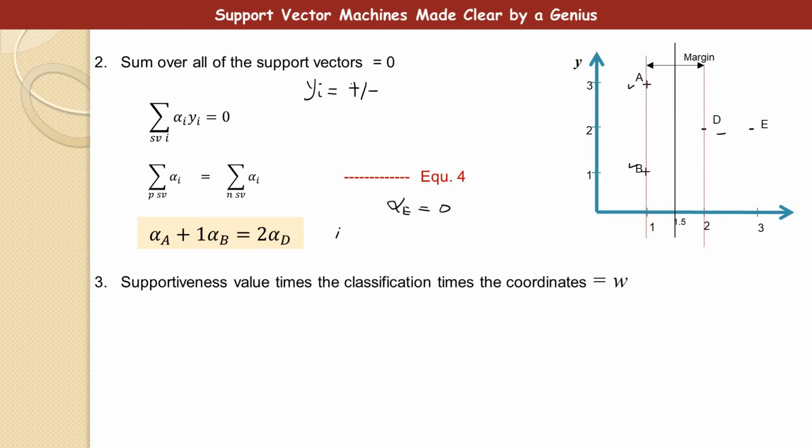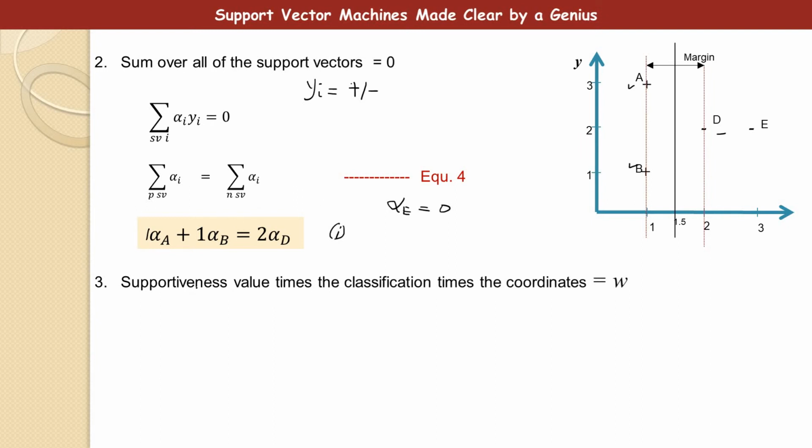So this actually will be the first equation to use. So alpha A is positive, so actually 1 plus alpha B, 2 alpha D, as you can see, 2 alpha D.